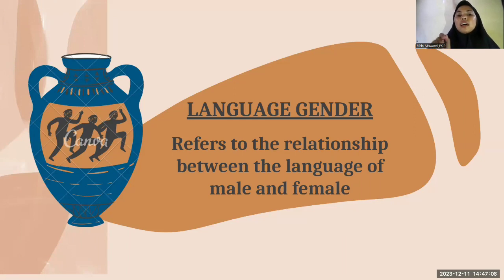This field investigates differences in speech patterns, vocabulary choices, conversational style, and language ideologies between genders, as well as how these differences can shape and be shaped by culture and social context.